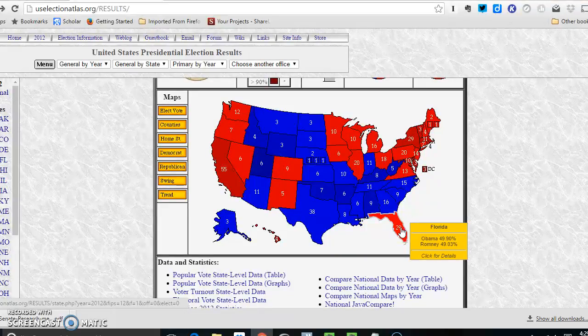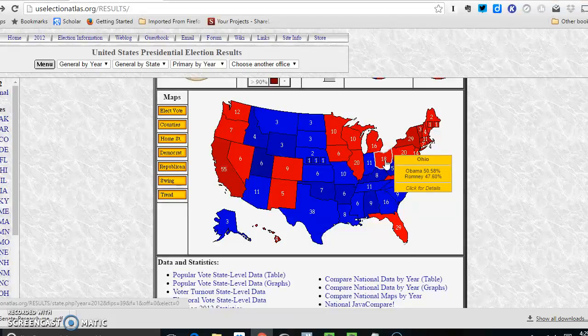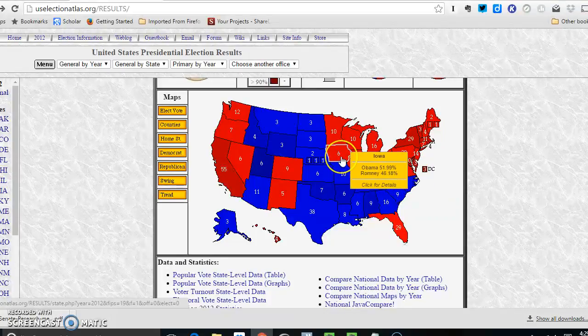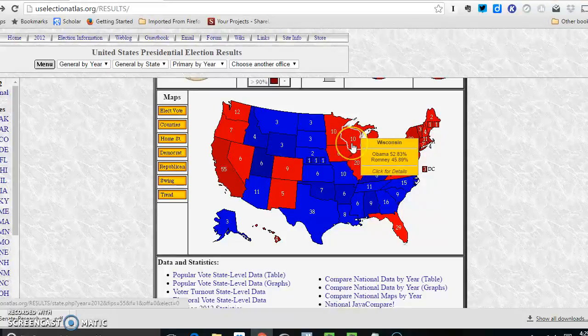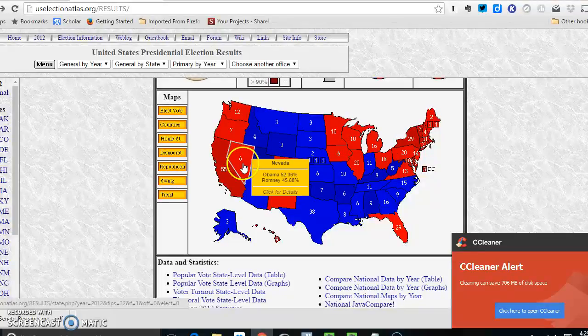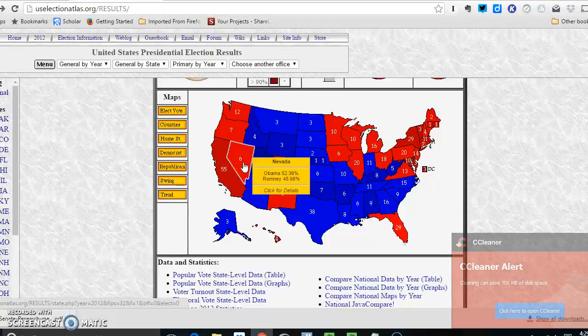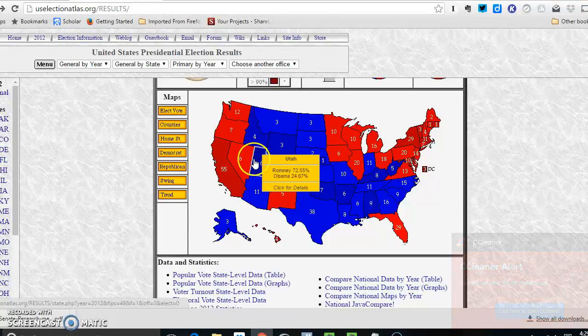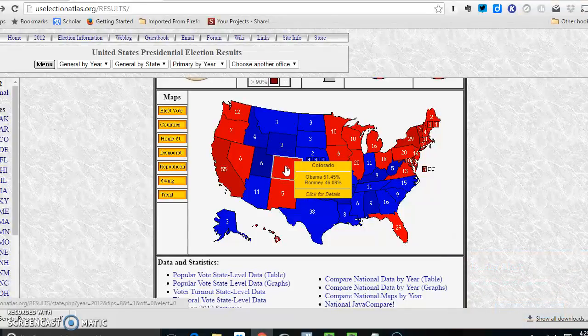And then you swing out to the Midwest, and you see here in Ohio where the president narrowly edged out Governor Romney. In Iowa, another narrow edge for the president. Wisconsin, another narrow edge. And then you swing out to the West, to Nevada, another state that Governor Romney competed in but lost a relatively close race. Colorado is another example of that.